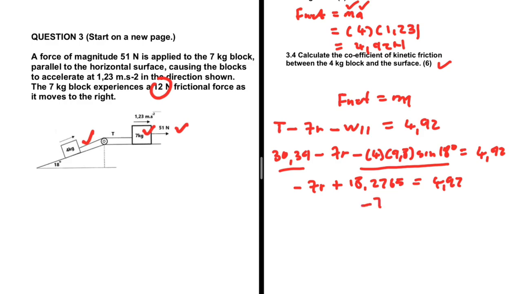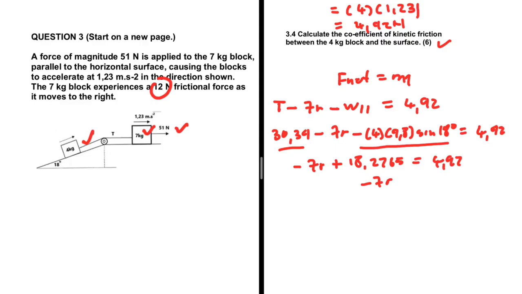So minus the frictional force is equal to 4.92 minus 18.2765. This is minus 13.3565. And just like that, we have the frictional force.